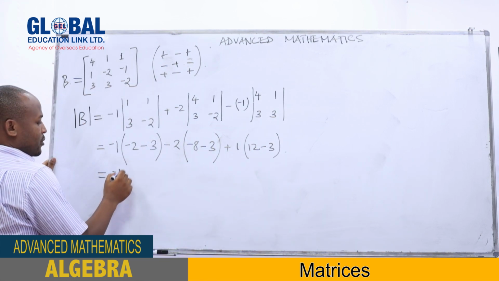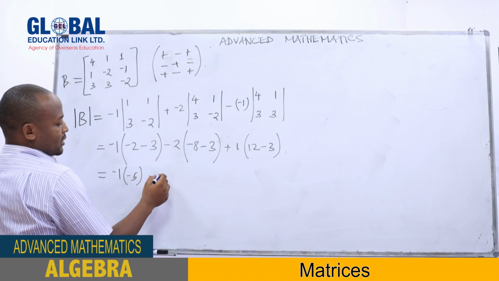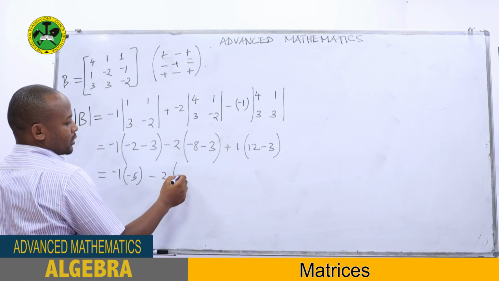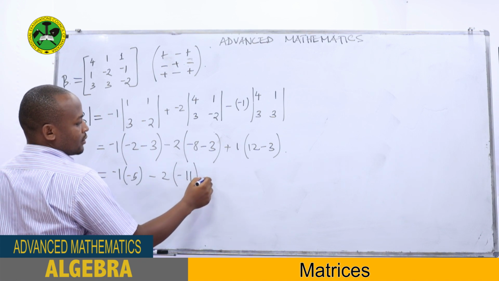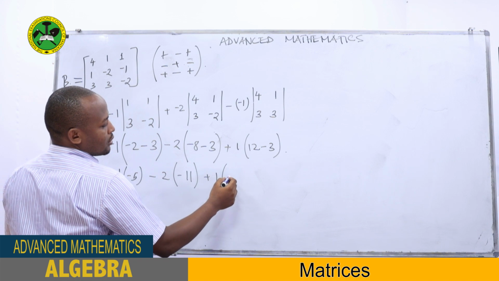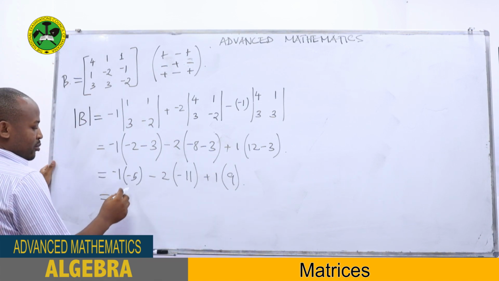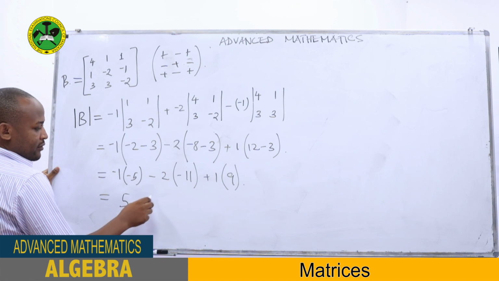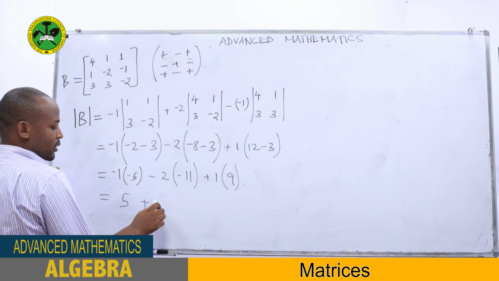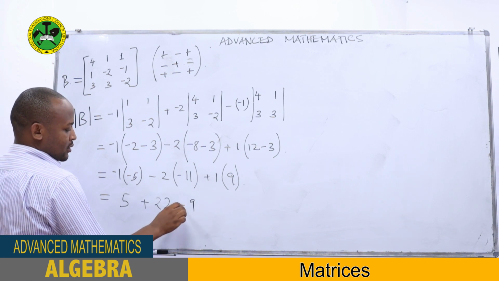Then we have negative 1 times negative 5, minus 2 times negative 11, plus 1 times 9. There we have positive 5, and there we have plus 22, and then plus 9.